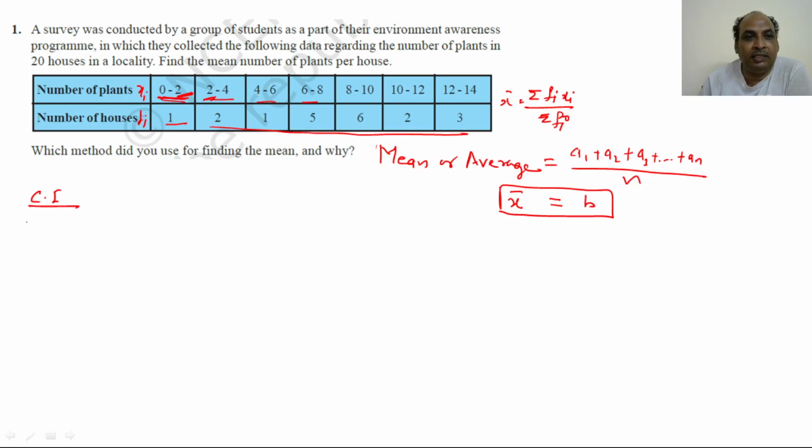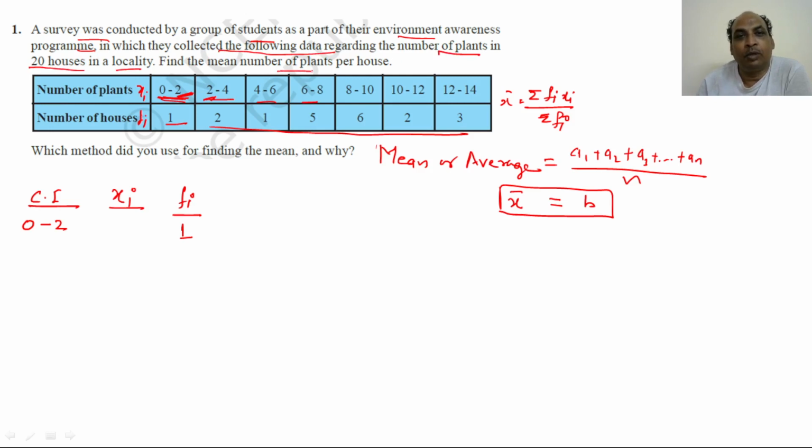So class interval is given to us as 0 to 2, and let us leave space in between for xi and fi. So frequency is given to us as 1. The question reads: a survey was conducted by a group of students as a part of their environmental awareness program, in which they collected the following data regarding the number of plants in 20 houses in a locality.